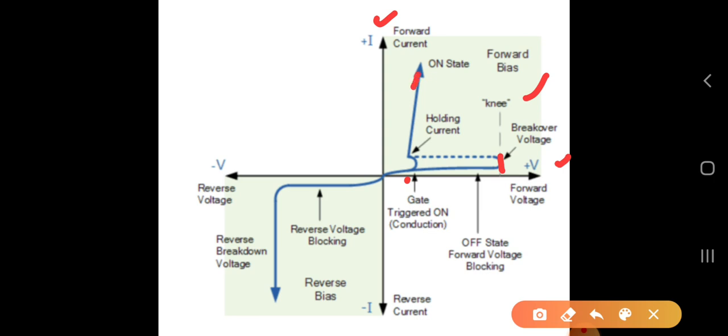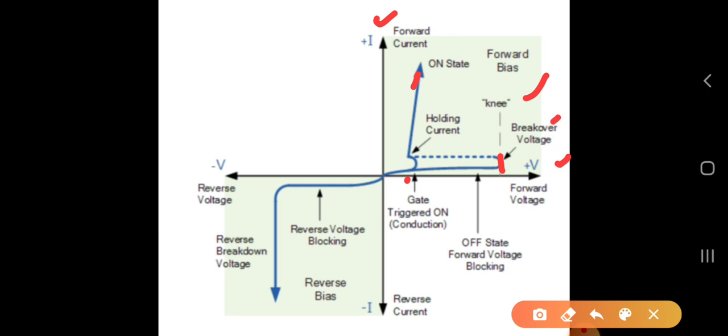So this current IA or I tells us the SCR is turned on, and the voltage at this point is very low. The point where it is suddenly turned on is called the break over voltage, as mentioned here.